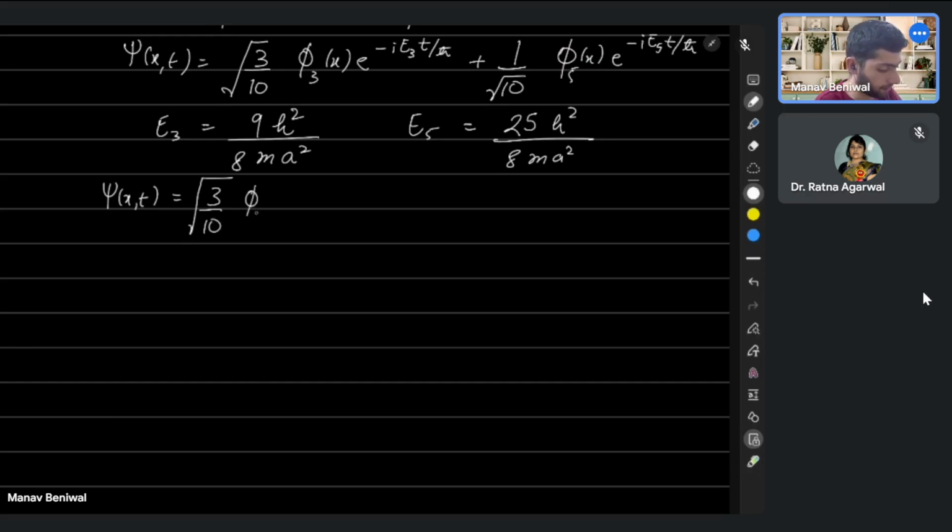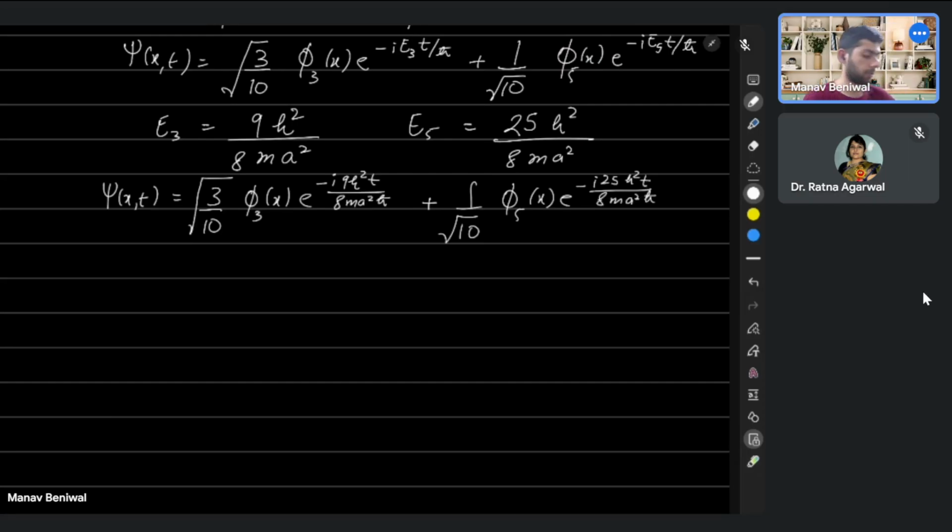So this will be phi 3(x) e to the minus iota, and for n=3 it is 9 h squared t over 8ma squared h cut, and this term will be 1 over root 10 phi 5(x) e to the power minus iota 25 h squared t upon 8ma squared h cut.